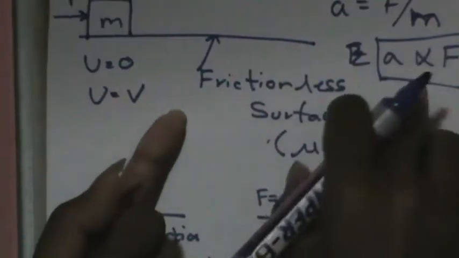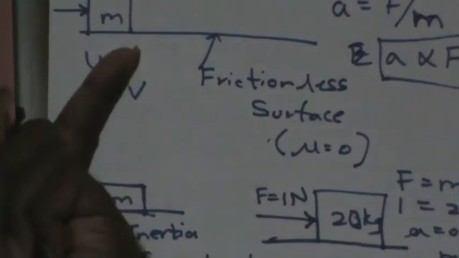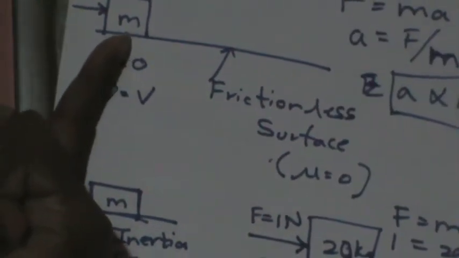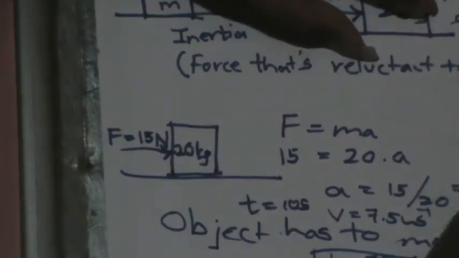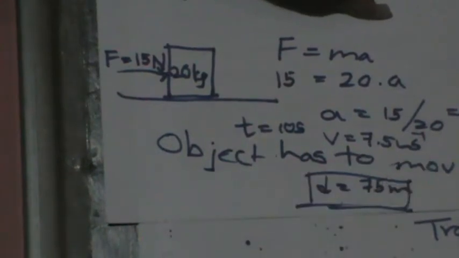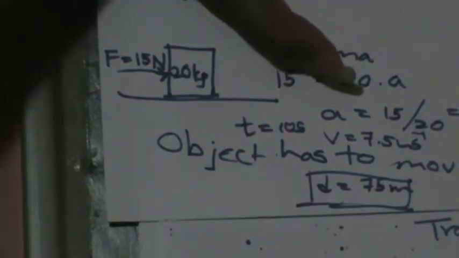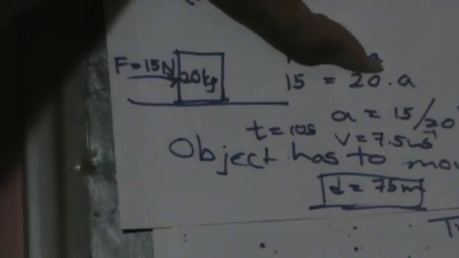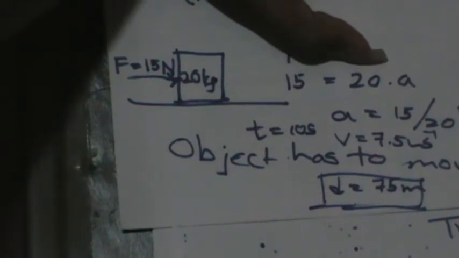But in the case of inertia, the object is reluctant to move. If you increase the force, the object has to move. That was what I wrote here. I didn't mean that the object doesn't move in the other circumstance; the object moves in both circumstances, but the observed distance traveled is greater.